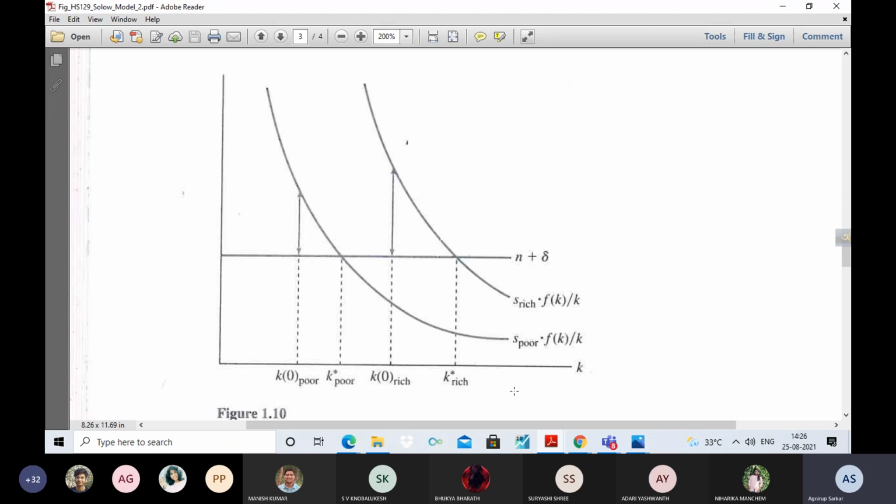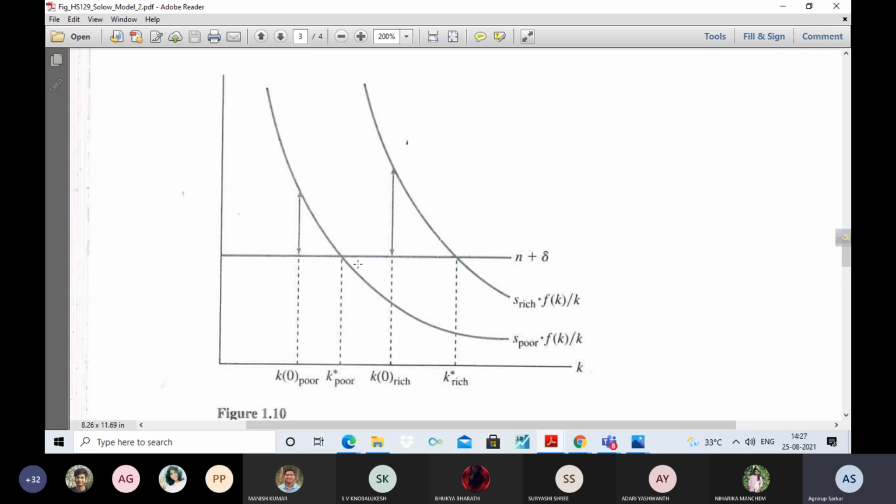It is also true empirically, as we had discussed before, that countries with higher levels of real per capita GDP tend to have higher saving rates, right? This figure is pretty consistent with that idea that richer countries, or countries with higher levels of real per capita GDP, usually tend to have higher saving rates, right?